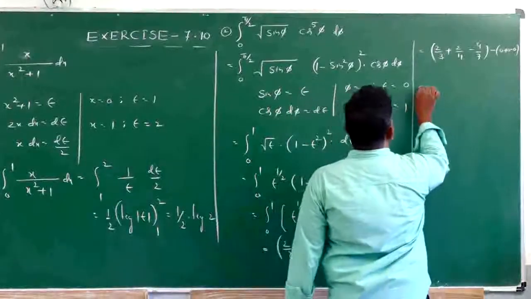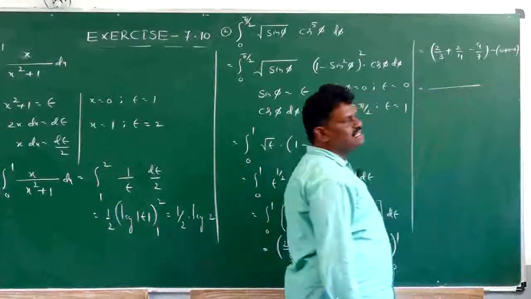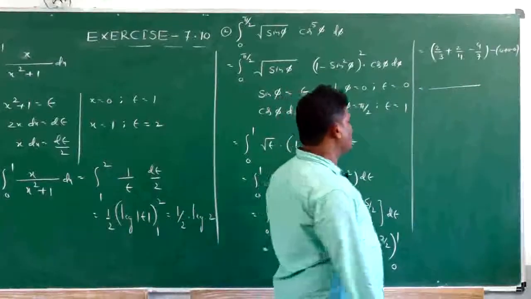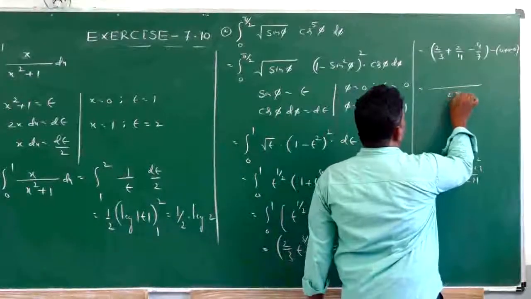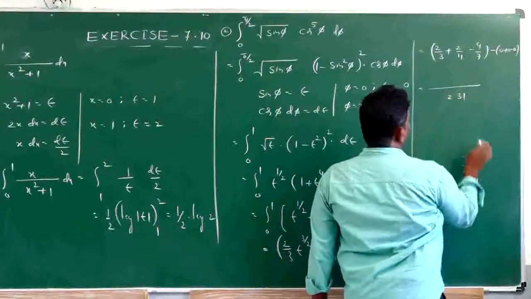Now here see, LCM, how much have we taken here? 77 into 3, 231. This value is the LCM 231.